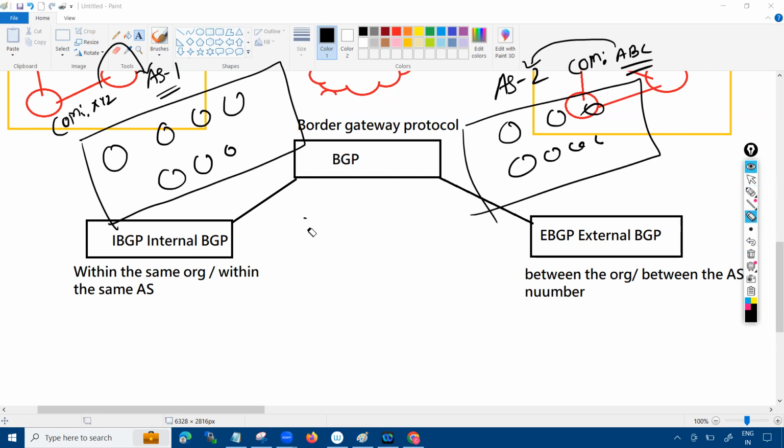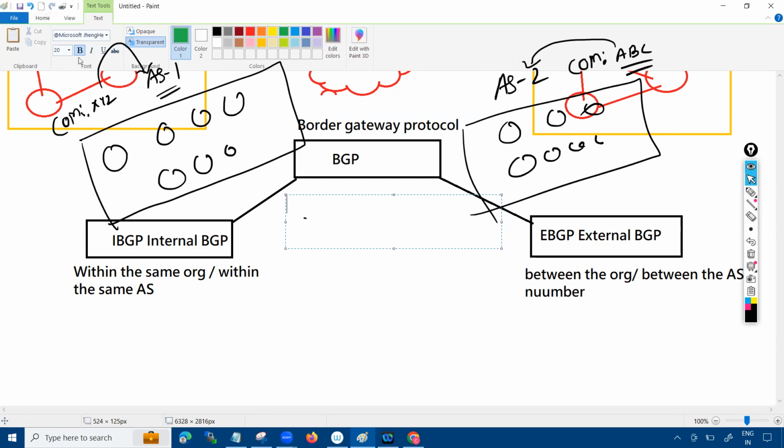Let me write on this. AS number stands for autonomous system number. If you remember, we have done this part in the EIGRP protocol too. An autonomous system is a group of routers, a logical group we can call it.